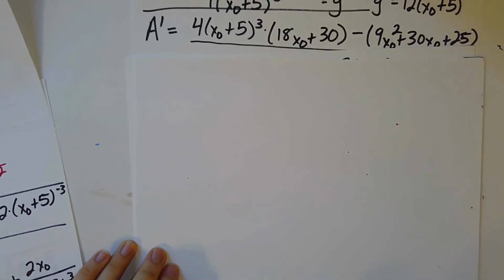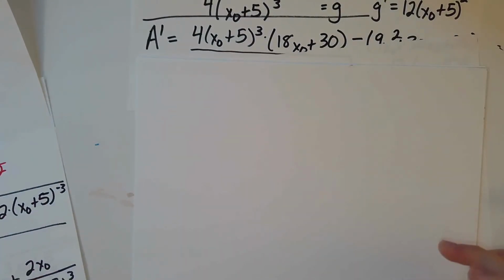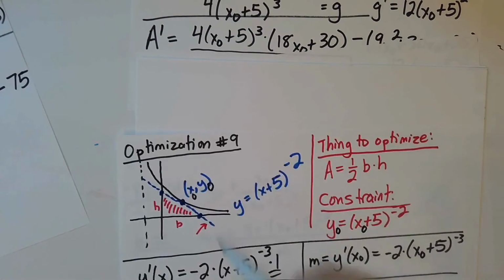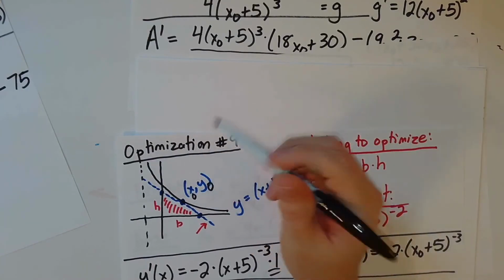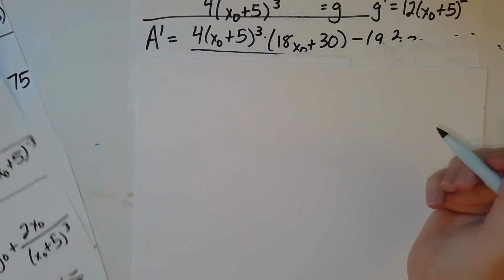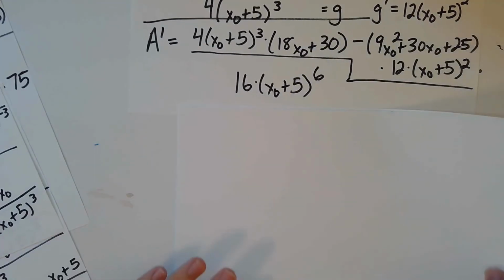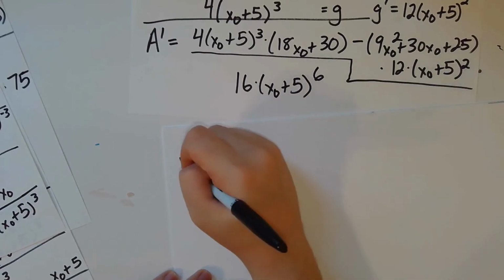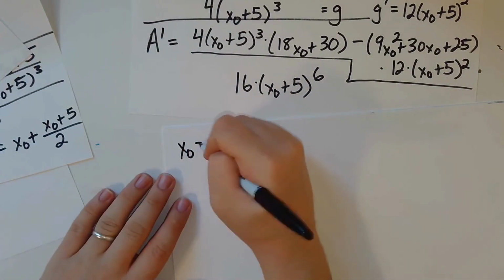Okay, notice conveniently in this case, there are no endpoints that I really have to consider. So I don't have to worry about the furthest. I can go this way, and I also can go as far this way as I want. So I don't have to worry about those. I just have to figure out, okay, what is this area if x naught is minus 5/3?